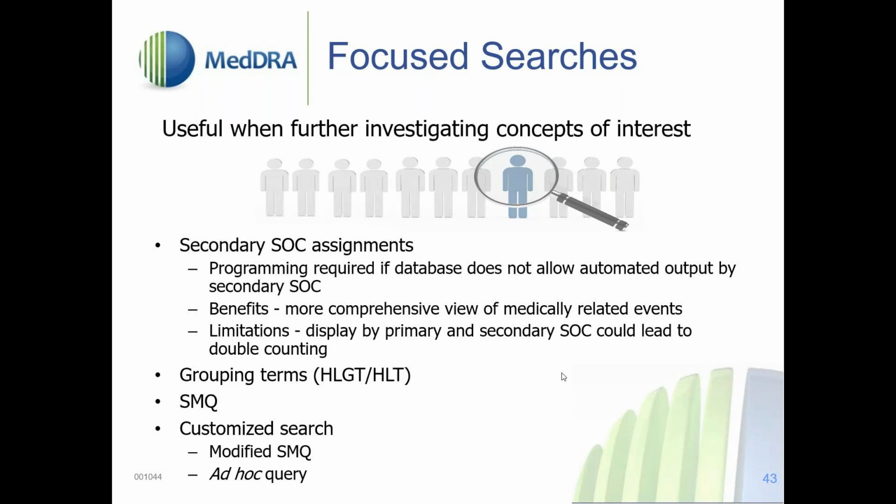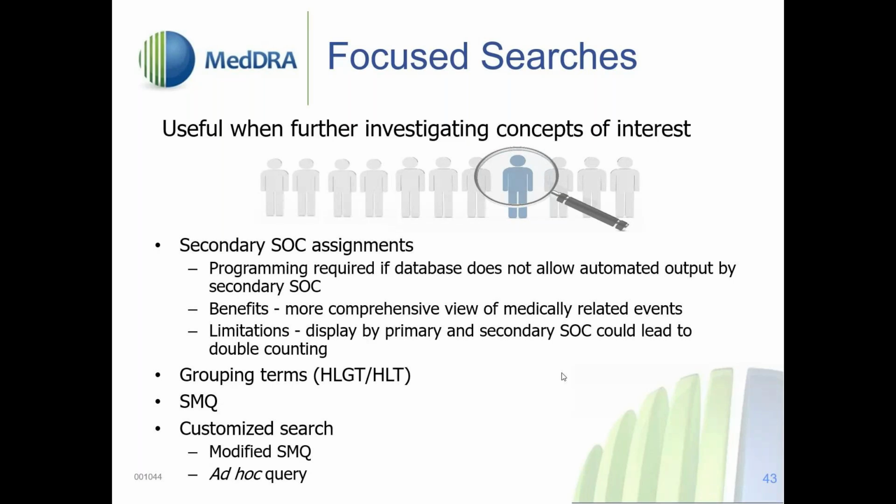So one option would be to use secondary SOC assignments for the data output and presentation, because as you saw, some things are multi-axial. Even if it's not the primary SOC for the hepatobiliary again, hepatic infections are not in hepatobiliary, but they would also be displayed in the hepatobiliary as the secondary link.